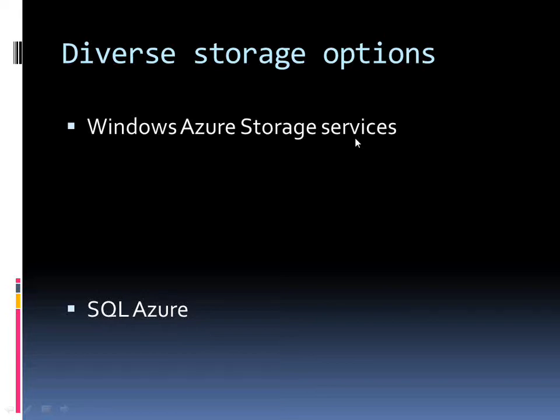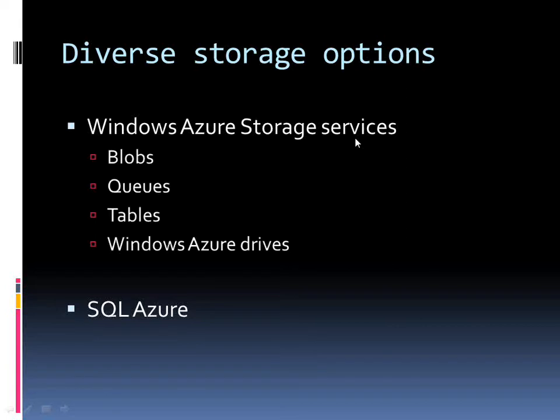So on Windows Azure storage service, you have four options to store data. You have blobs, queues, tables, and Windows Azure drives. I repeat, Windows Azure storage is further classified into blob service, queue service, table service, and Windows Azure drives.